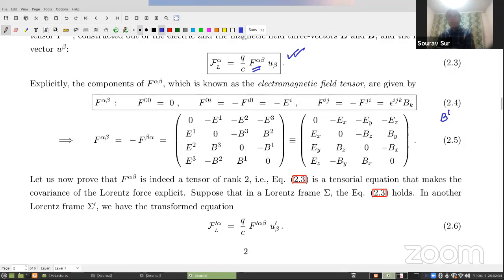That is B1, which is Bx. If you want to write B downstairs 1, then this is eta 11 B1, that is minus B1. B1 is nothing but the Bx component, and B downstairs one is minus B1, that is the minus Bx component. So while doing this, you have to be careful.